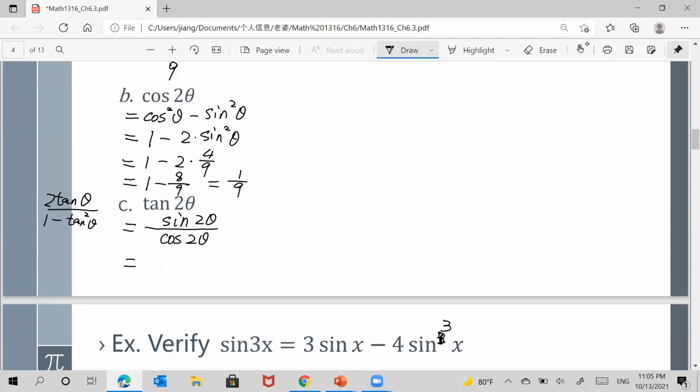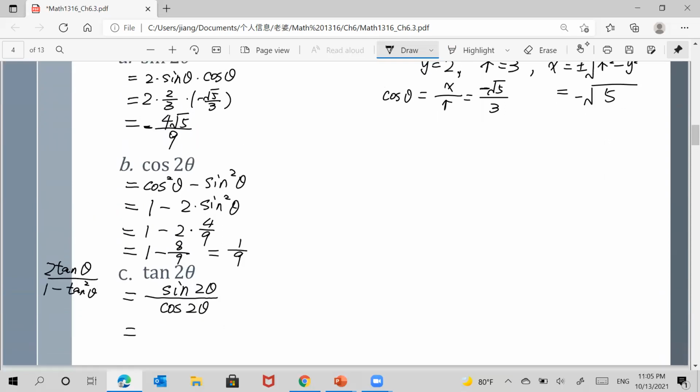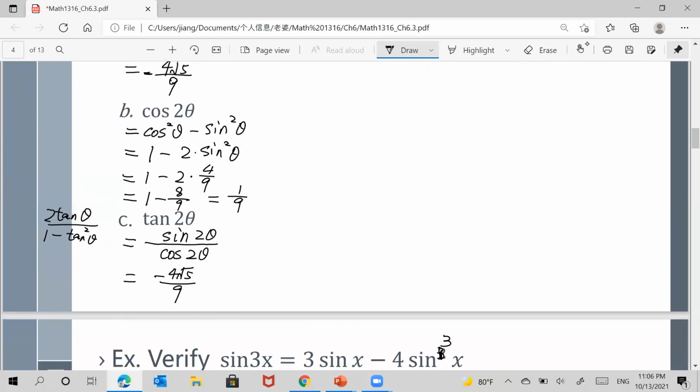Sine 2 theta is on the top. So sine 2 theta is negative 4 times square root of 5 over 9, divided by 1 over 9. Dividing by 1 over 9 means times the reciprocal of 1 over 9, that means times 9.